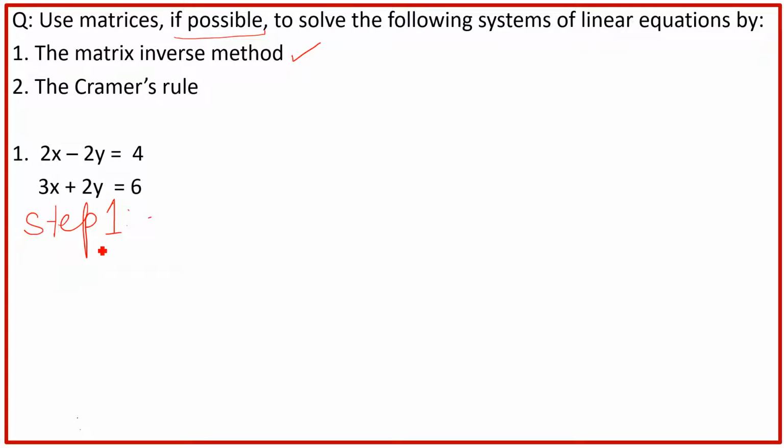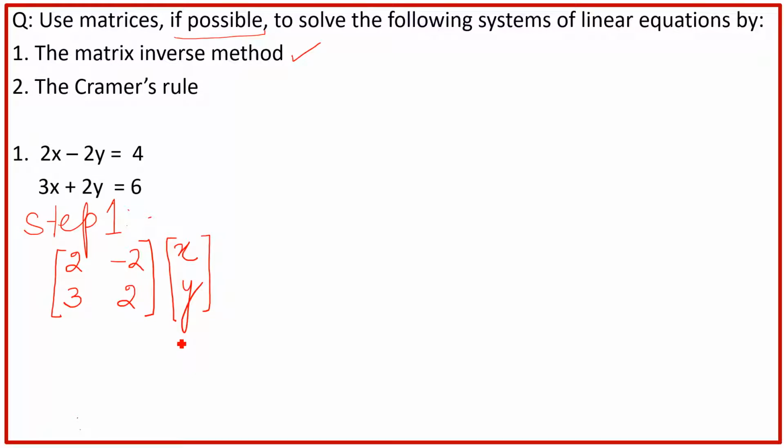So the first step is to make the matrix with the help of these coefficients. So 2 and negative 2, here is 3 and this is 2. So this is ready. Second, we will make another matrix with only the variables, and we have two variables, x and y.